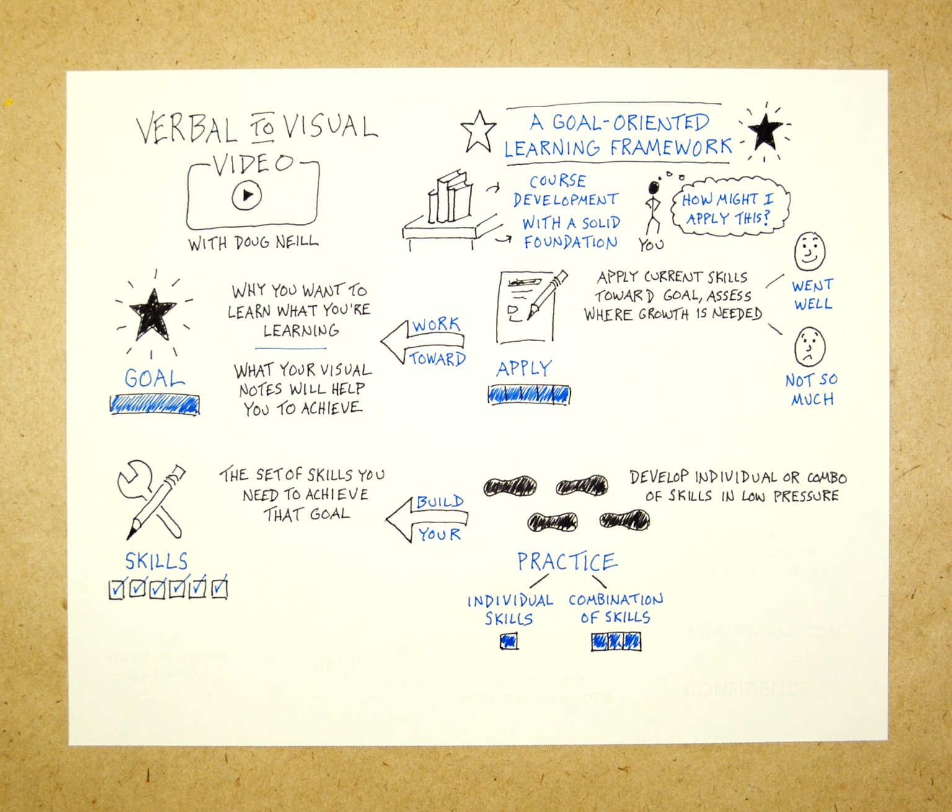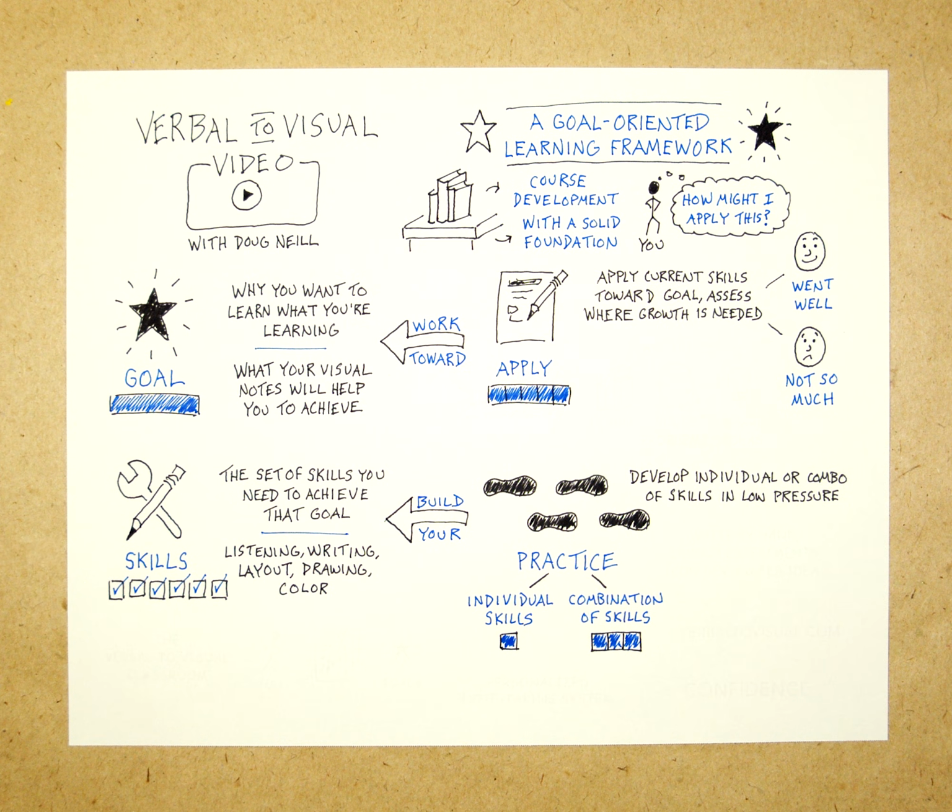When you sit down to take some visual notes, there are a lot of skills that you're going to be combining at once, starting with listening and comprehension skills, and then moving into how you use text on the page, how you lay out your ideas on a page, in what ways you incorporate drawing or quick sketches from simple icons to more complex scenes, and how you use color on the page.